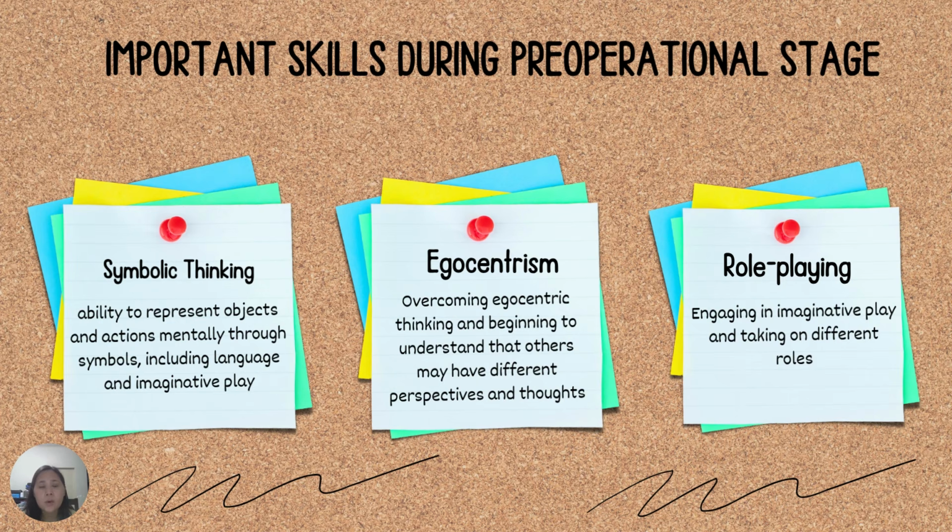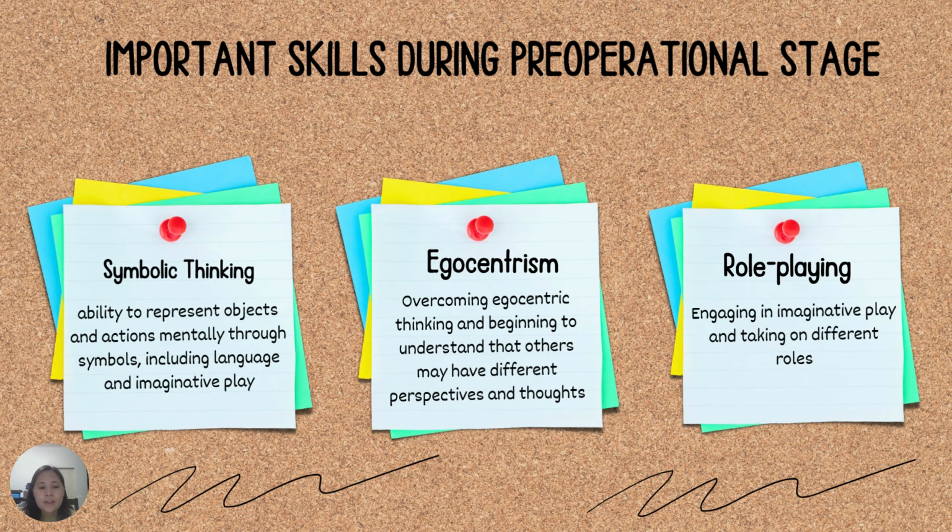Example, when a child uses a stick as a magic wand or calls a box a car, they are demonstrating symbolic thought that is very crucial for reading and writing. So in symbolic thinking, toddlers make use of their creative imagination in interacting with their environment.